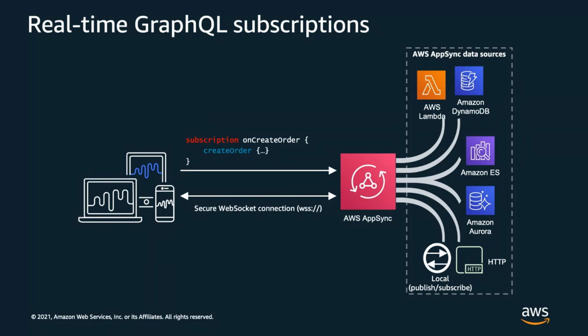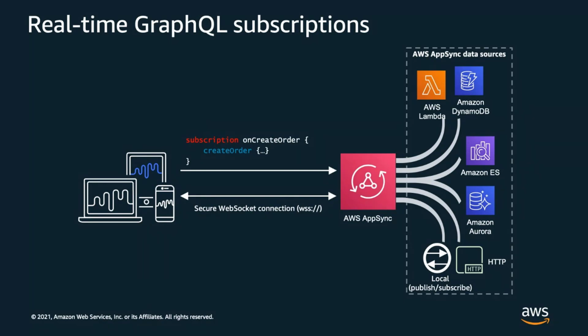AppSync takes advantage of GraphQL subscriptions to perform real-time operations by pushing data to clients that choose to listen to specific events from the backend. You can have thousands or even millions of clients subscribed to a specific mutation on AppSync.